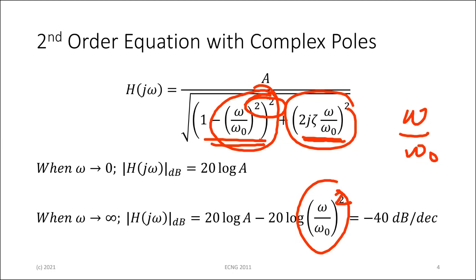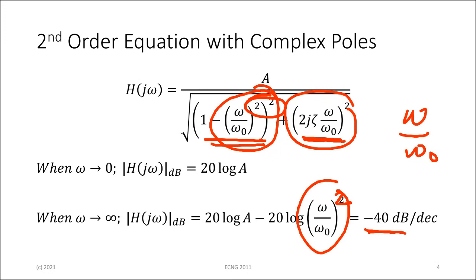And when you convert the squared to decibels, 20 log of this squared is 2 times 20 log of omega over omega 0, which is something that is going to decrease at minus 40 dB per decade. And we know that already. A second order transfer function will decrease at minus 40 dB per decade.